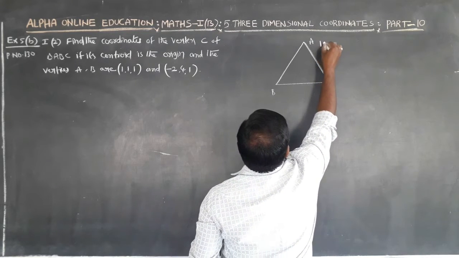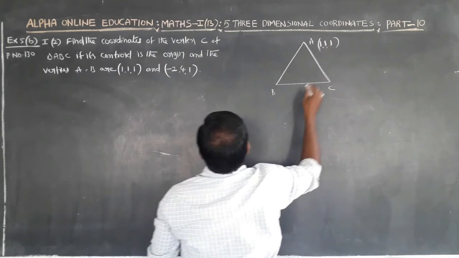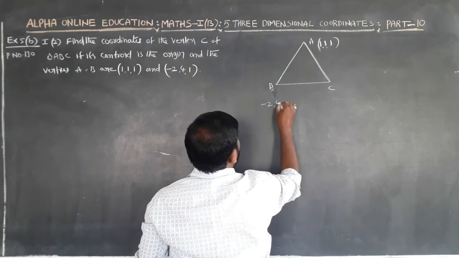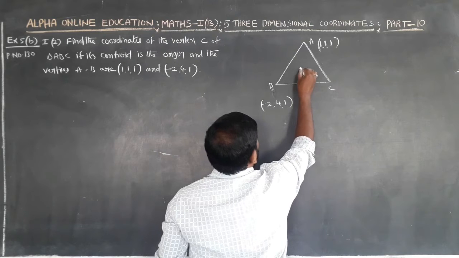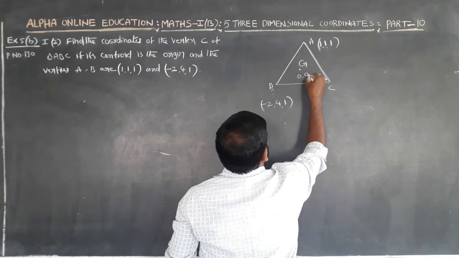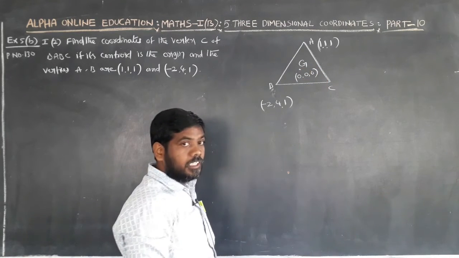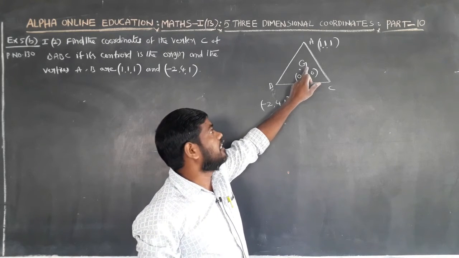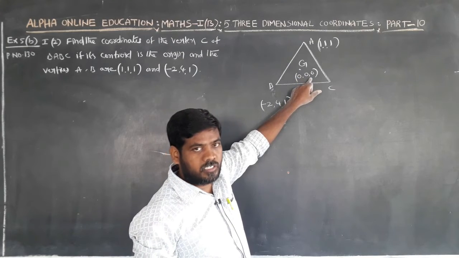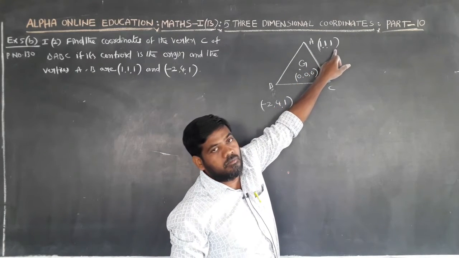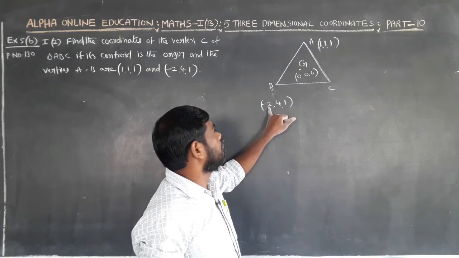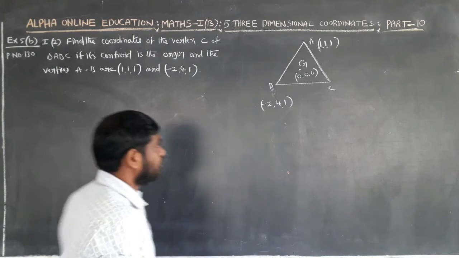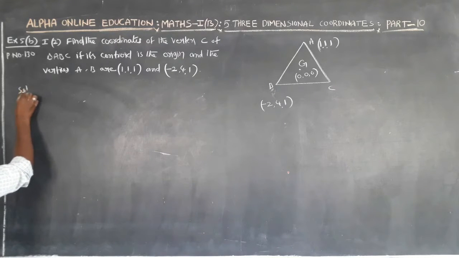A vertex 1 comma 1 comma 1, B vertex minus 2 comma 4 comma 1. The centroid of the triangle is the origin. Find the vertex C.